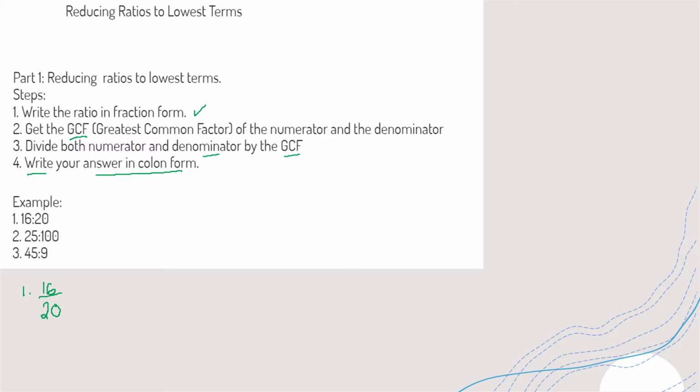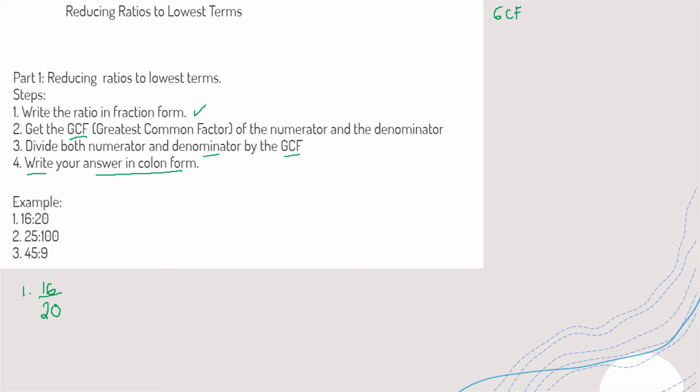In order to get the GCF, we have 3 methods: we can use the listing method, the prime factorization method, or the continuous division method. Let's try the listing method first, for us to review. I'll put it on this side so that you won't get confused.